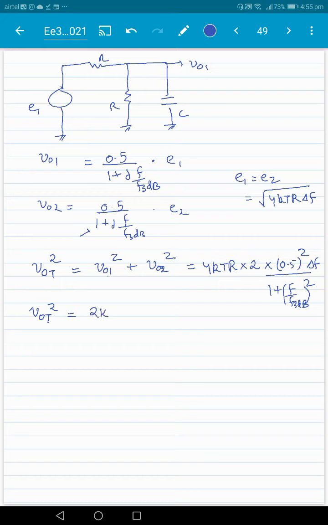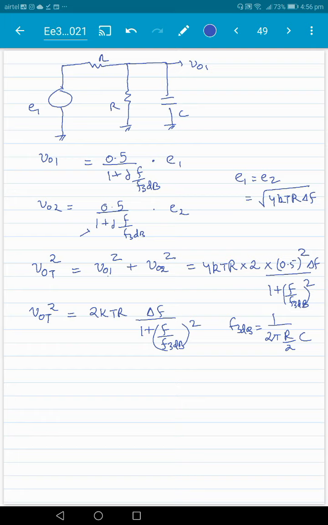Okay, so V0t square will become equal to 2 kT R delta f by 1 plus (f by f3 dB) square. The 4 and 0.5 square cancel. And f3 dB, remember, is equal to 1 over 2 pi (R by 2) times C here.